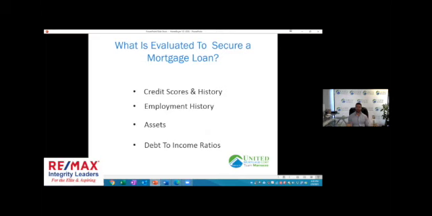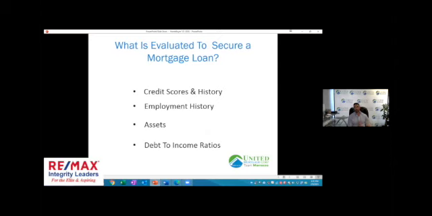Then for the debt, we include everything from their credit report: all their monthly minimum payments, such as credit cards, student loans, car payments, anything else reporting on their credit, and their new mortgage payment.